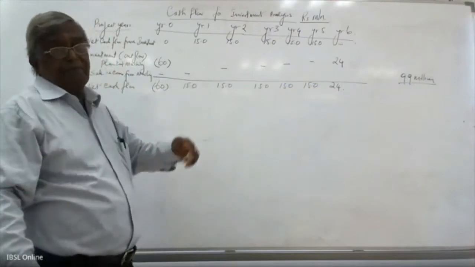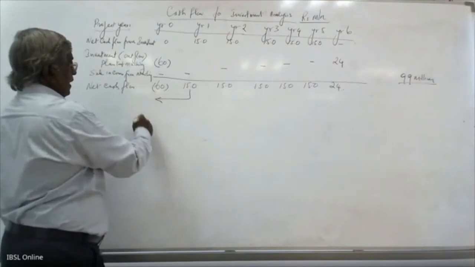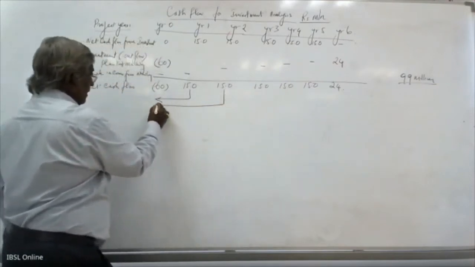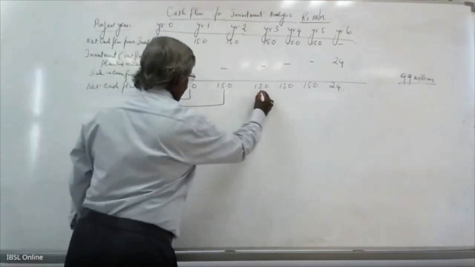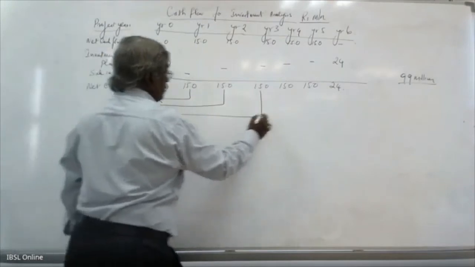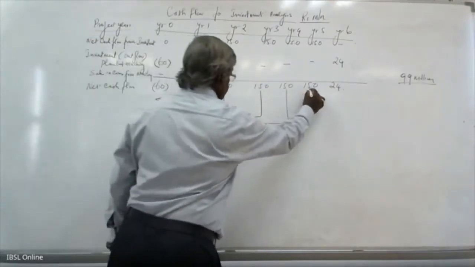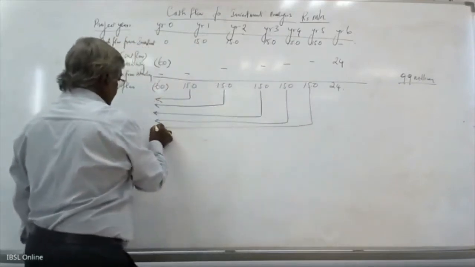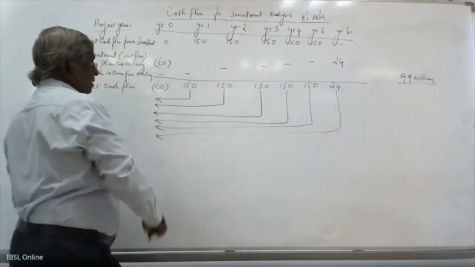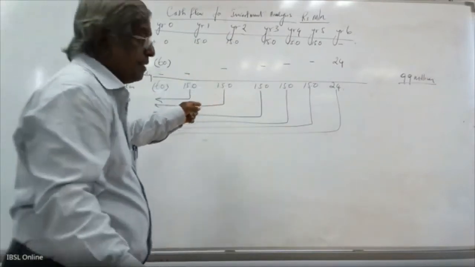This is the future value at the end of the third year; bring it here to the present value. This you have to bring to your present value, and this, and this.